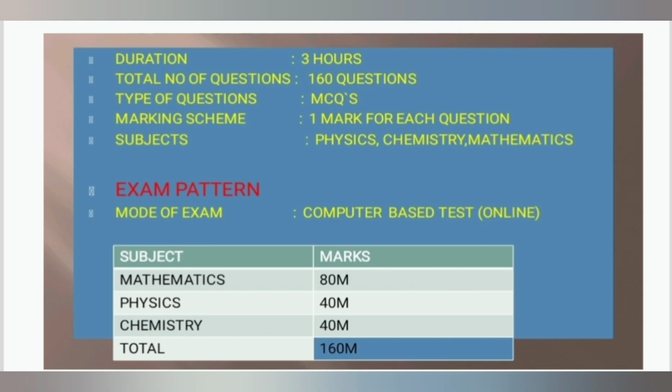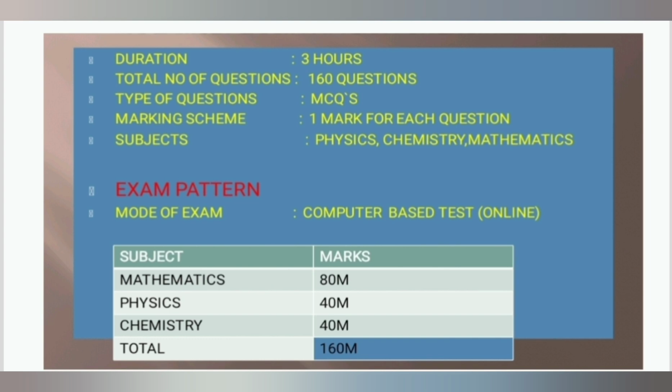Now next, for MPC students, as usual, duration 3 hours, total number of questions 160, type of questions are multiple choice questions, marking scheme 1 mark for each question, subjects physics, chemistry, mathematics. Right? Mathematics, Maths A, Maths B, 40, 40, 80 marks. Physics 40, chemistry 40.